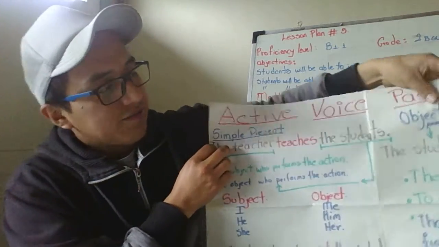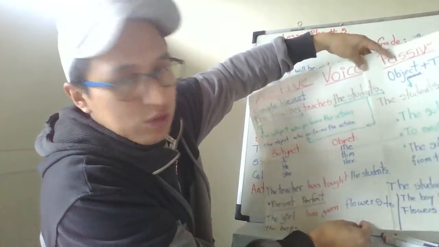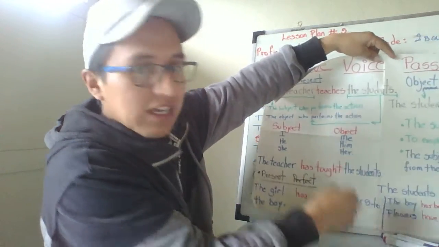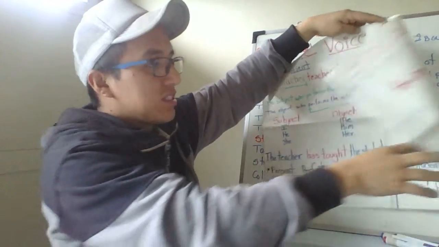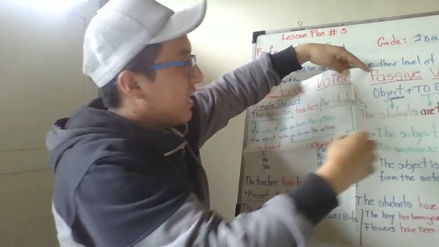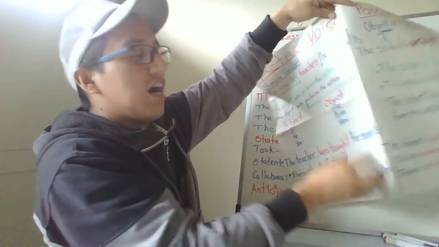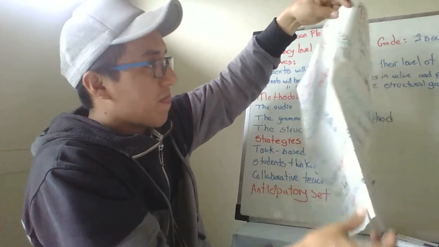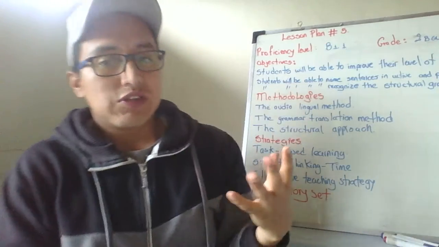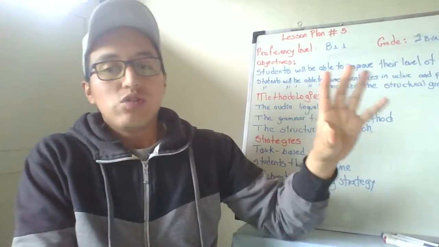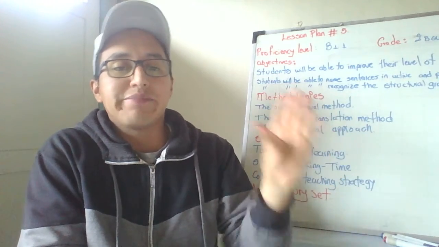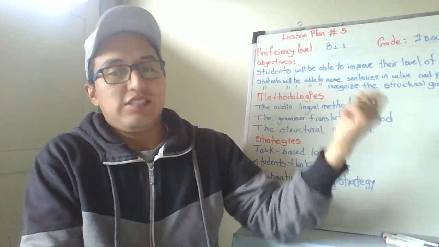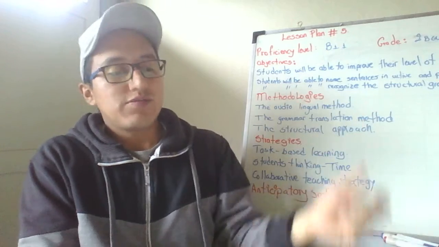Also, I can post it on the board and make a nice explanation, and all the students can notice and see all the grammar context. The reason I'm gonna use a board is that I need to perform other examples and make students practice using active voice and passive voice.